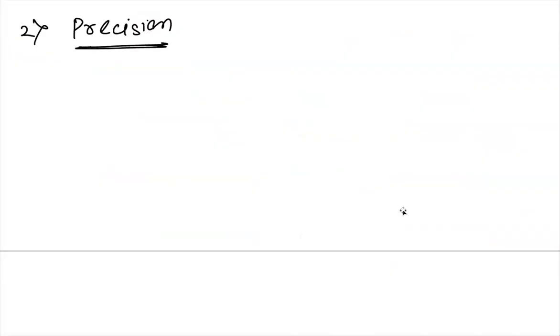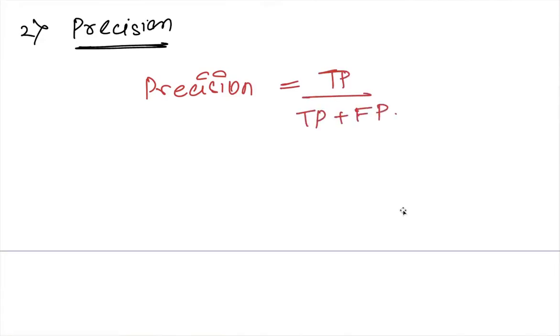Precision, let me write the formula first. It is true positive by true positive plus false positive. What does this mean?